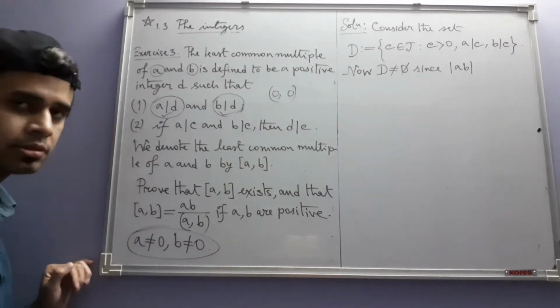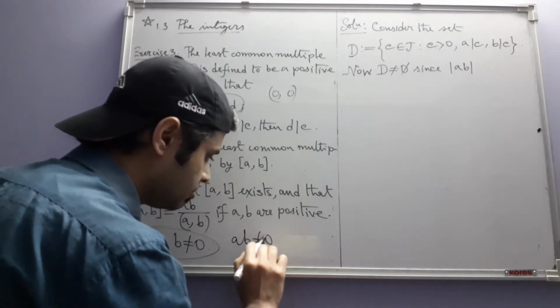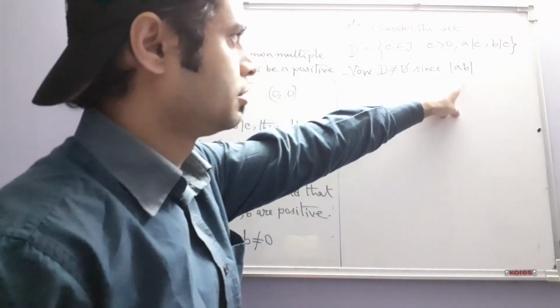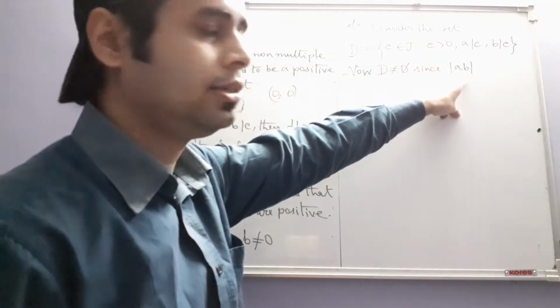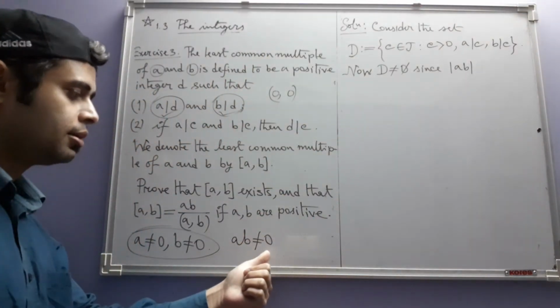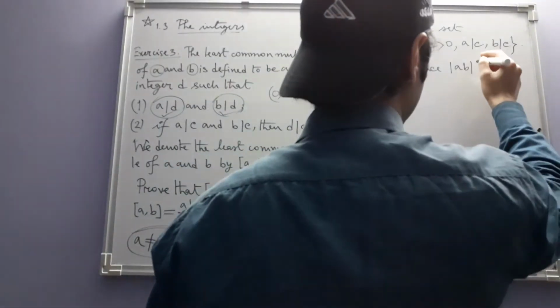These two conditions ensure that AB is not equal to 0, and from the definition of absolute value, we already know that the absolute value of any integer is non-negative. Now, because the integer is non-zero, it can't be 0 also, so it is strictly positive.